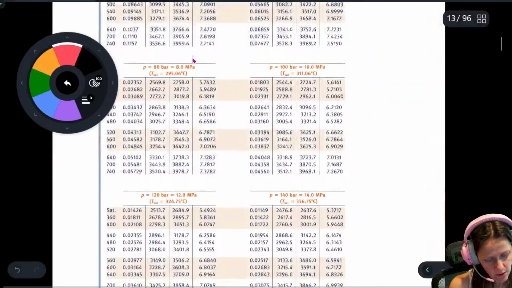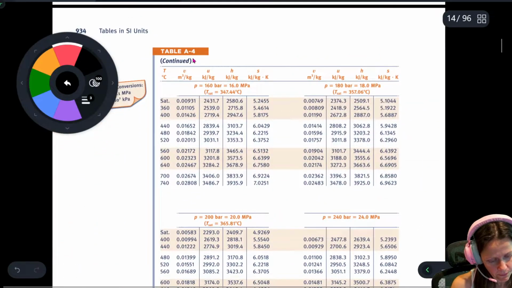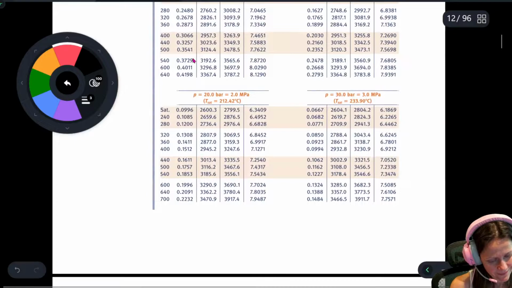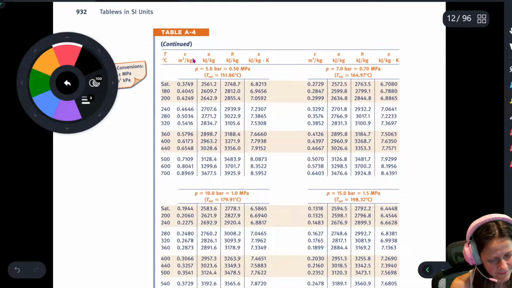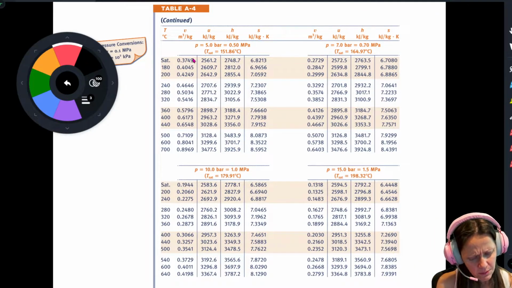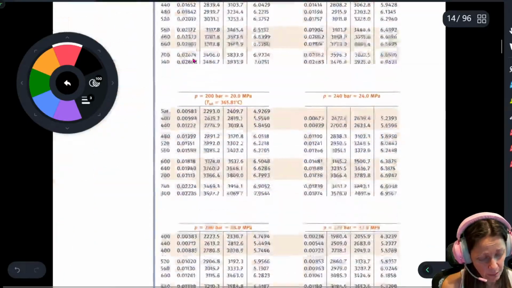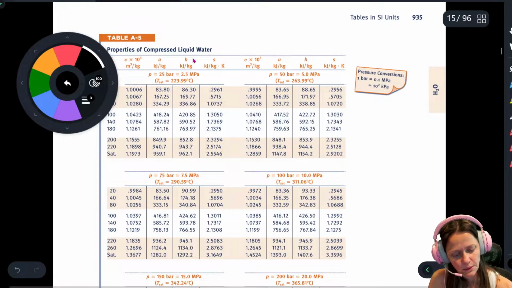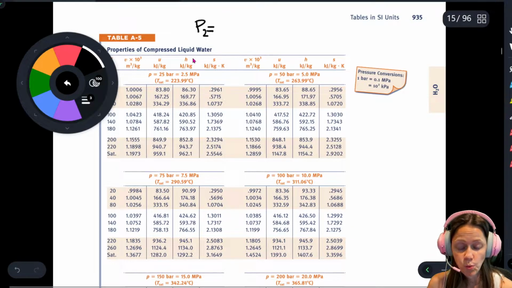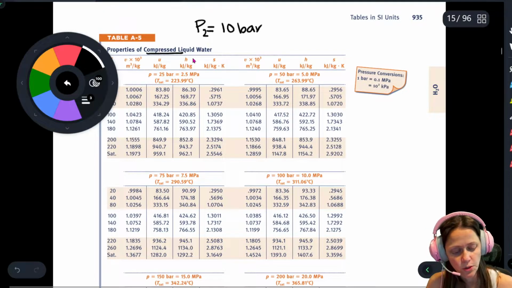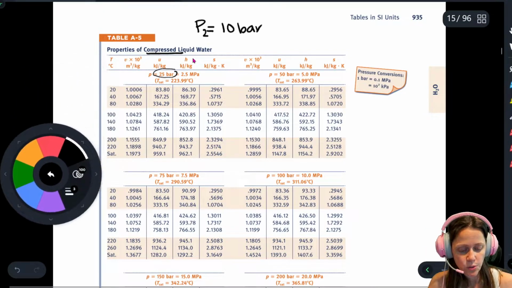Let's look. So table, no, I'm sorry, that's A4. Need A5, compressed liquid. So let's see. So my pressure, P2, is 1 megapascal or 10 bar, and you can see in my compressed liquid tables, the lowest pressure that we go to is 25 bar.